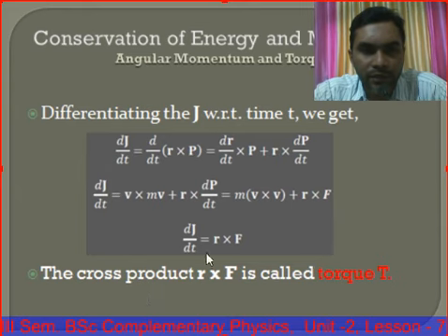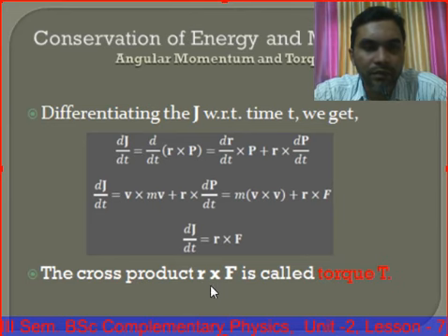So we can see the definition of torque is similar to the definition of angular momentum. In the case of angular momentum it was r cross p, but in the case of torque it is r cross F. So torque is actually the moment of force acting on the particle.